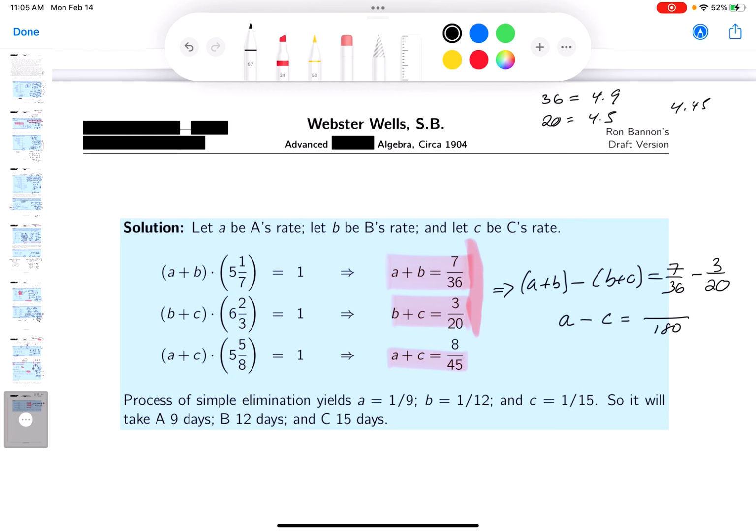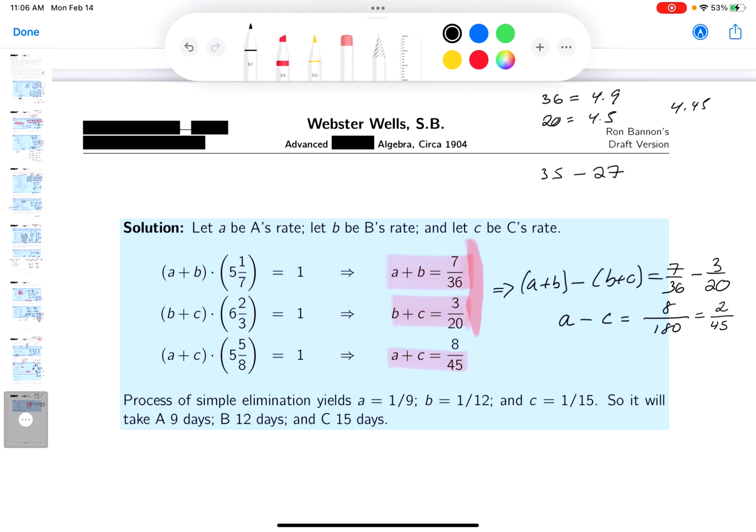Let's see, that would be 5. So it's 35, minus, and that would be 9, so 27. 35 minus 27 is 8. Well, isn't that convenient? It does reduce. I could reduce it by 4, so 2 over 45.